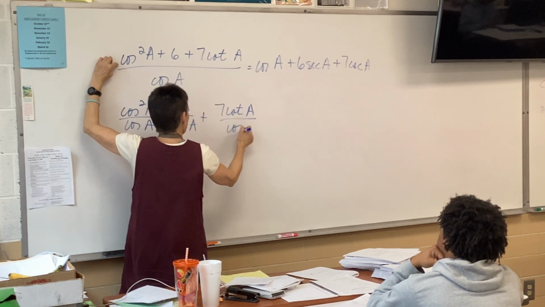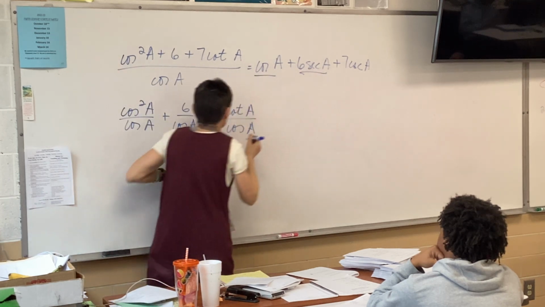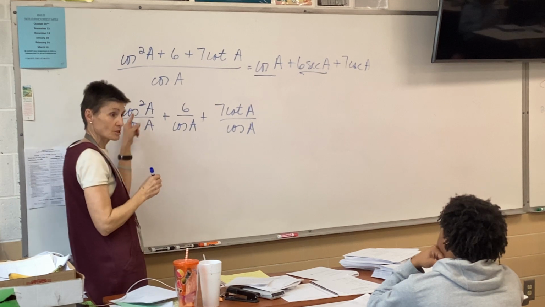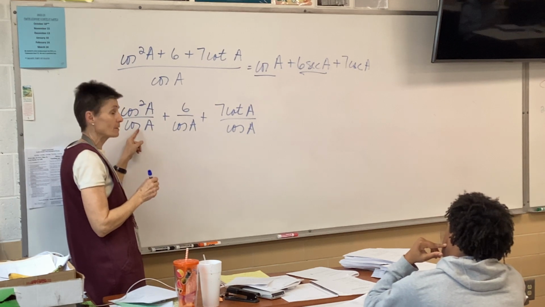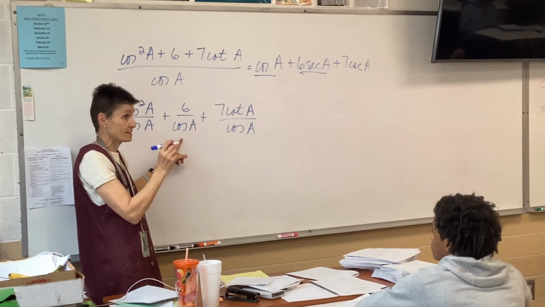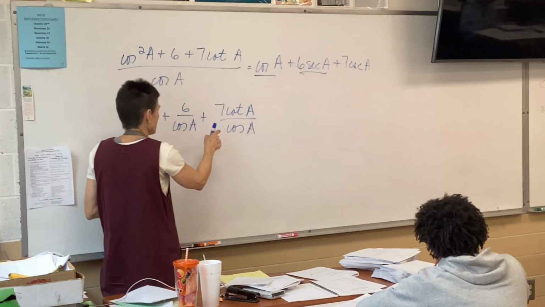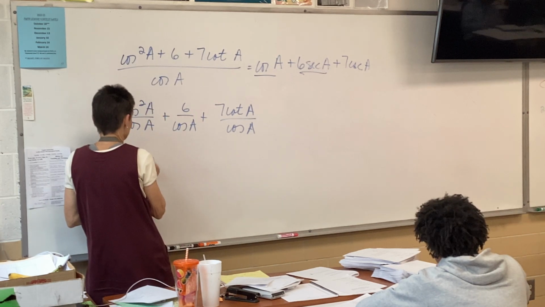And won't that take care of the first two terms? Because this is just cosine, and this is 6 over cosine, which is 6 secant. And now all I need to do is worry about that.